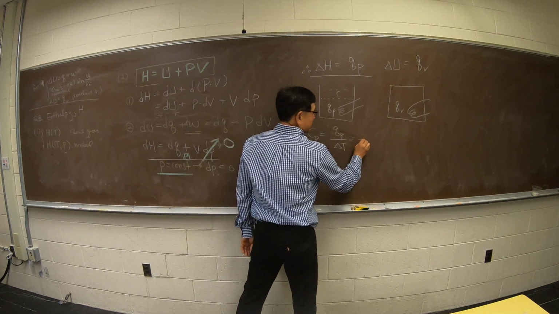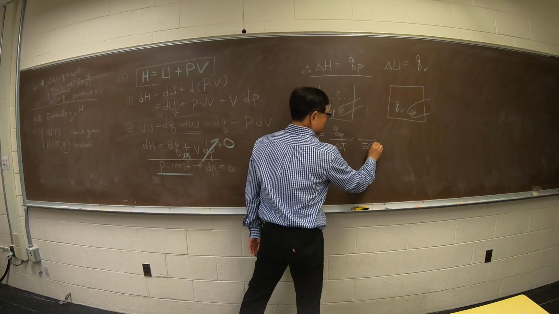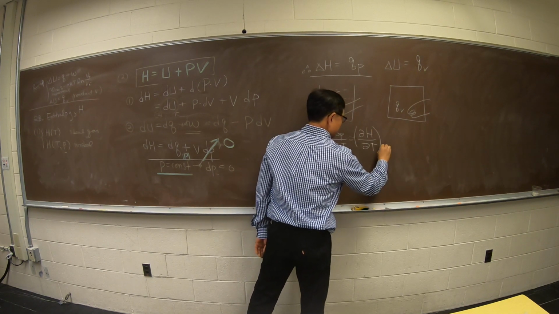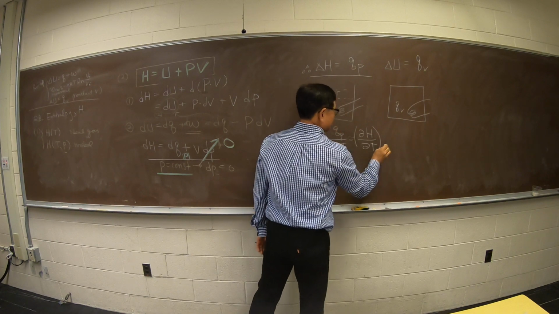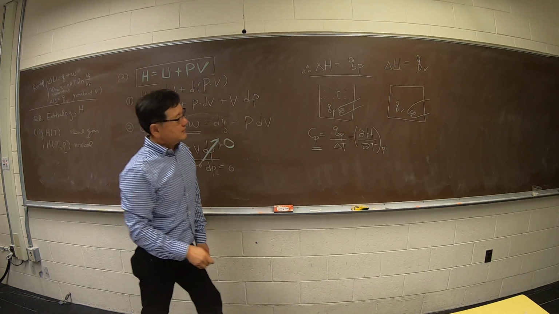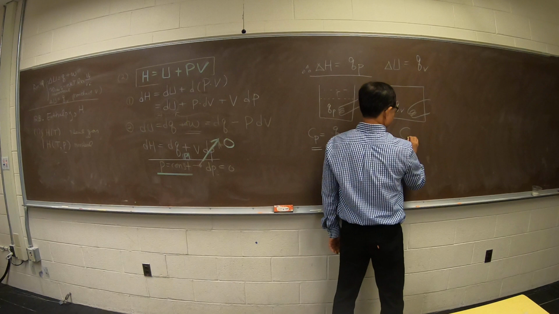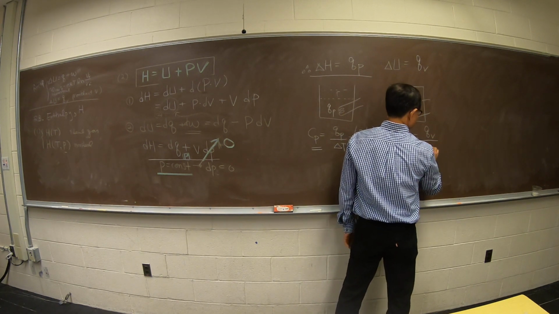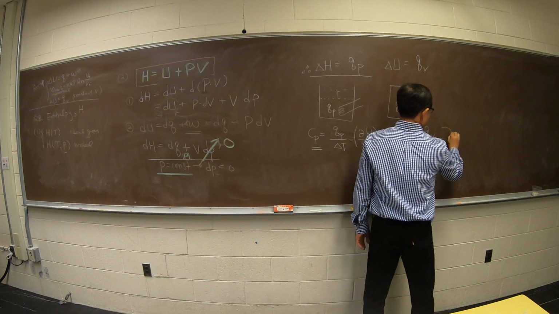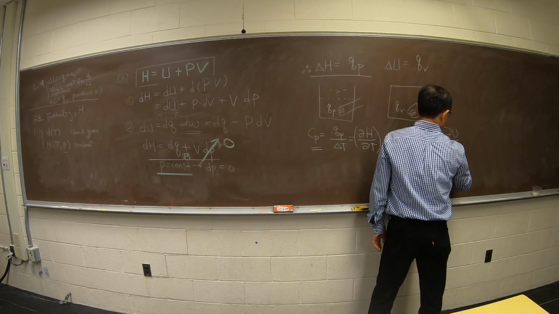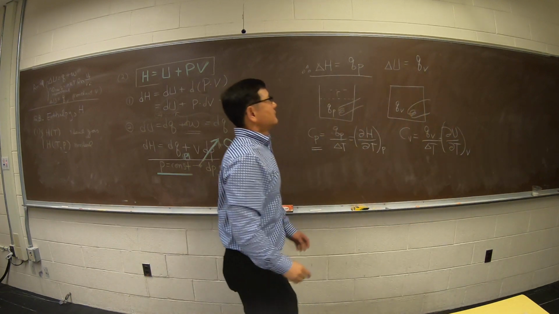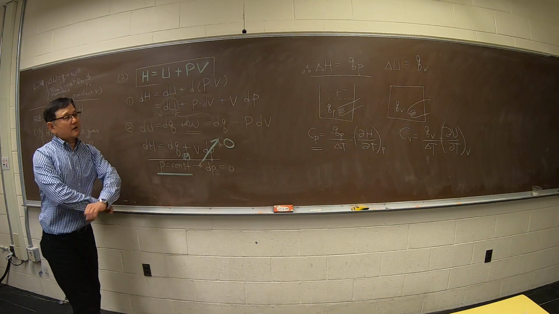In mathematical form, this is what they write under constant pressure. And likewise here, CV, QV. So this is a contrast.